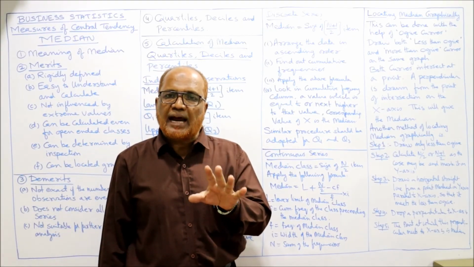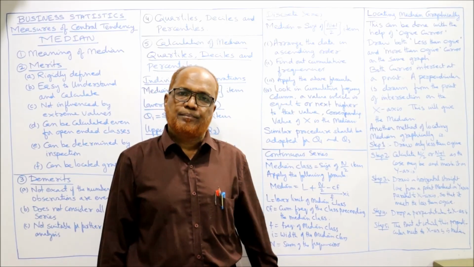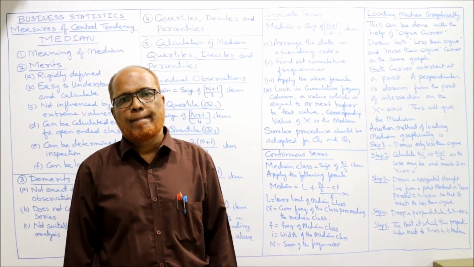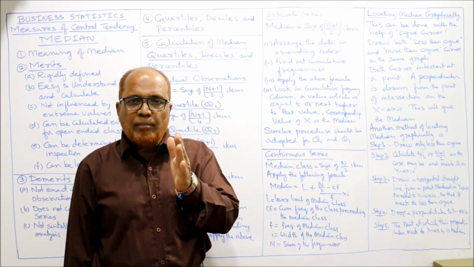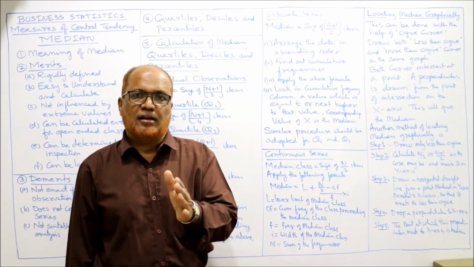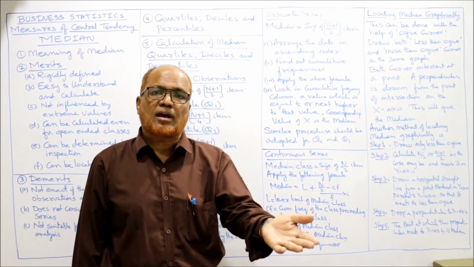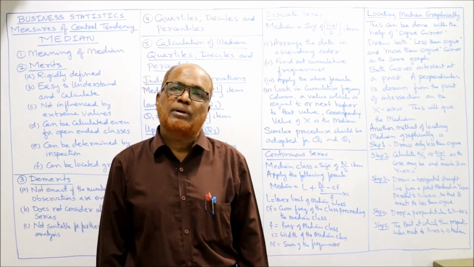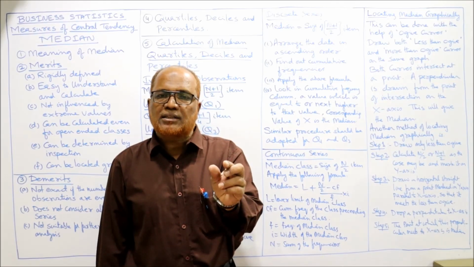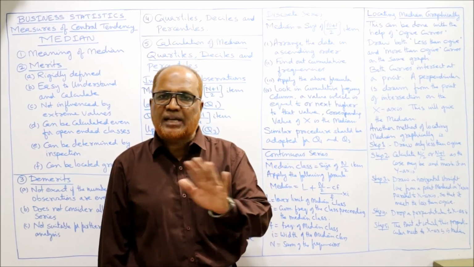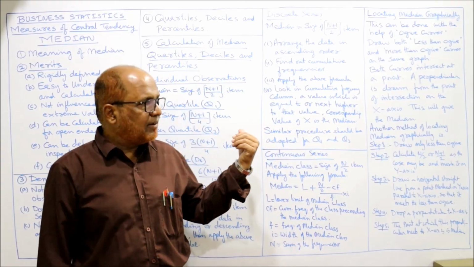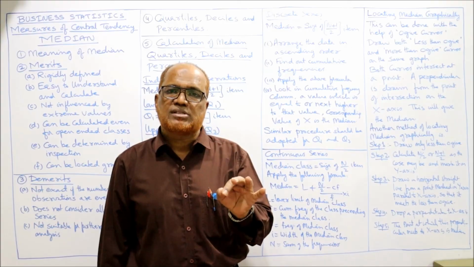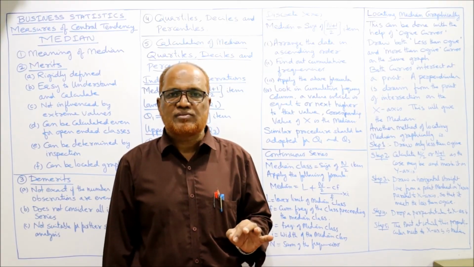Secondly, if the data is given in inclusive type, we have to convert it into exclusive type, then only we can calculate the median. So always keep the data in exclusive type in the problem; if it is inclusive, we have to convert it to exclusive. This point we have already covered in the previous video while calculating arithmetic mean. When calculating arithmetic mean, whether the series is inclusive or exclusive doesn't matter. But when we calculate median, every time it must be an exclusive series. It should not be inclusive.